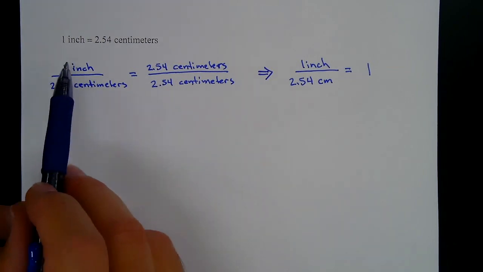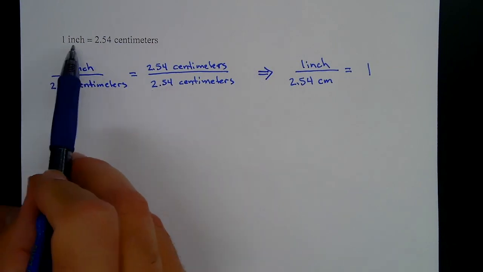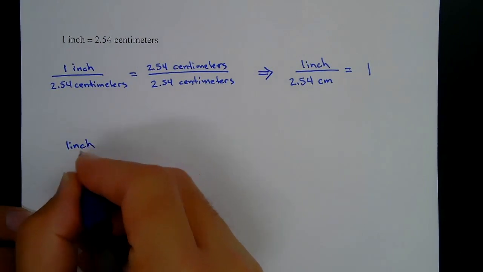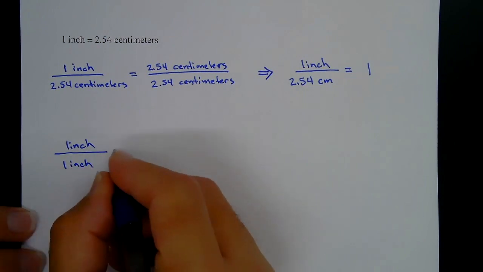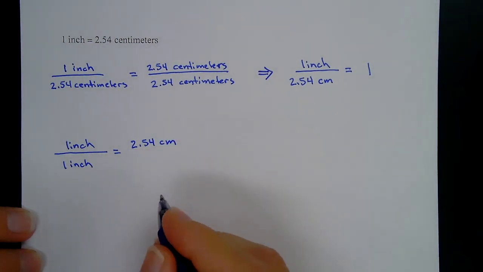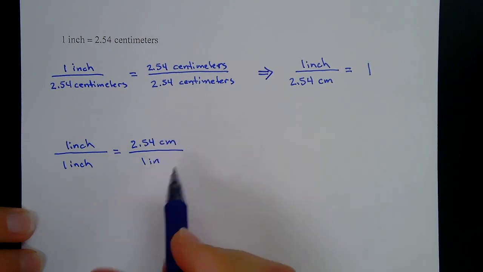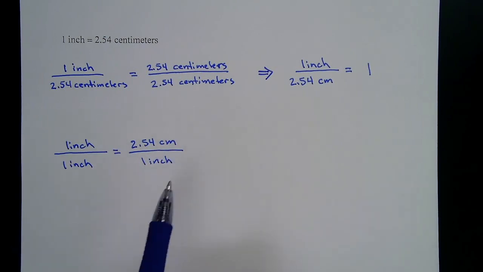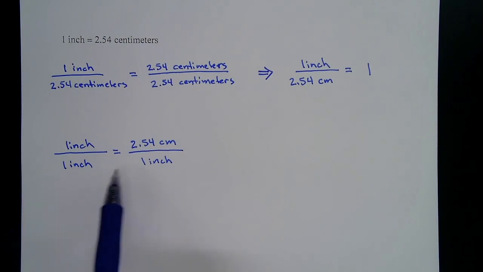So right here, what I want to do next is divide, instead of both sides by 2.54 centimeters, both sides by 1 inch. So that would be 1 inch over 1 inch, and then this would be 2.54 centimeters, I'm going to abbreviate centimeters again, over 1 inch. And we abbreviate inch IN a lot of times. So I took this equation and divided by the same thing, which was 1 inch.